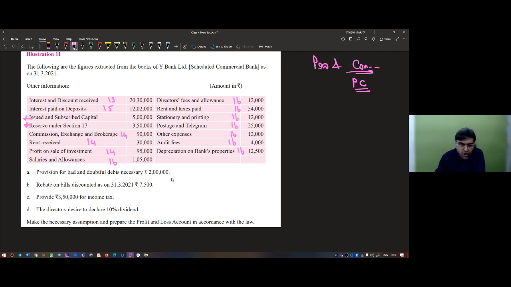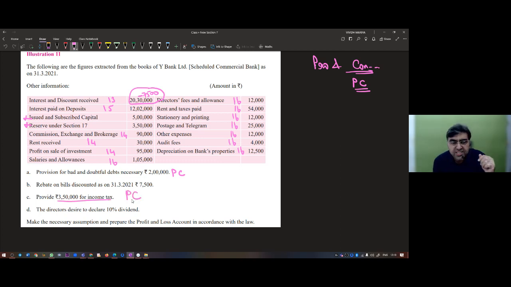Provision for doubtful debts, PC. Rebate on bill discounted, you will reduce it from the income. Rebate on bill discounted, unexpired income. Provision for income tax, PC.